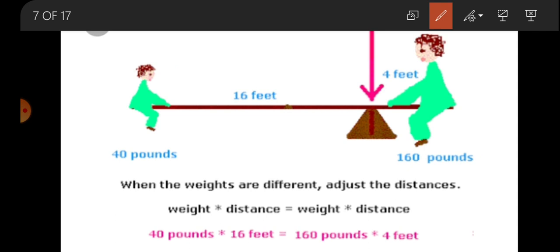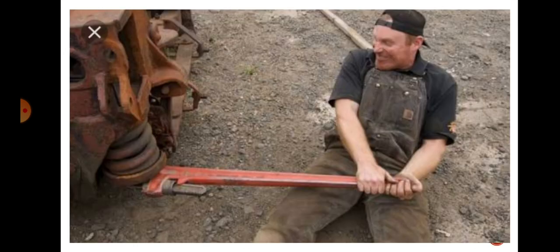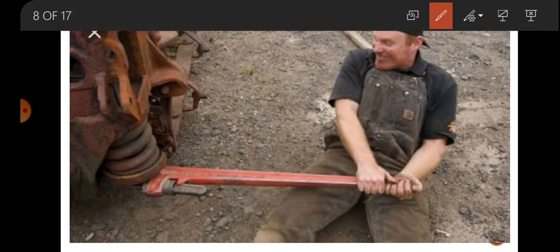Therefore distance plays a very large role in determining the torque. So again you can see that there is a mechanic who is trying to open this nut somewhere here at this particular point.